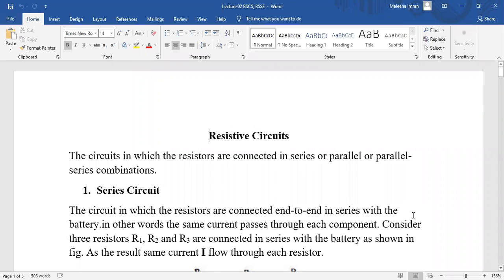तो here first we consider the resistive circuits. तीन तरह की सर्किट्स हमारे पास होंगी. Resistive circuits, capacitive circuits and inductive circuits. Capacitive circuits mean the circuits in which there is the capacitors only, or the inductive circuits mean the circuit in which there is the only inductors or coils. Okay? So first we consider the resistive circuits.